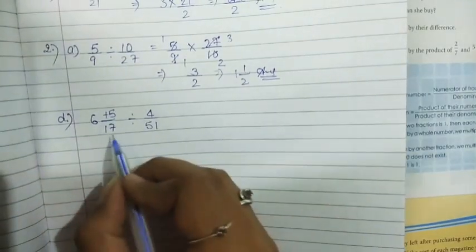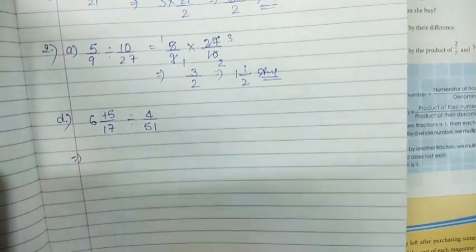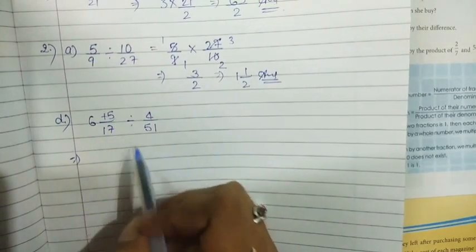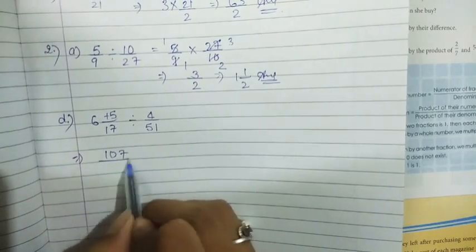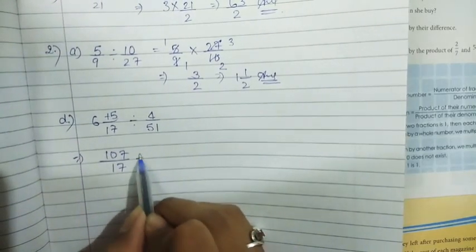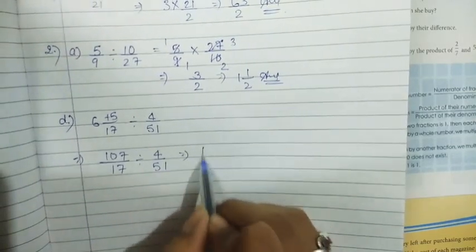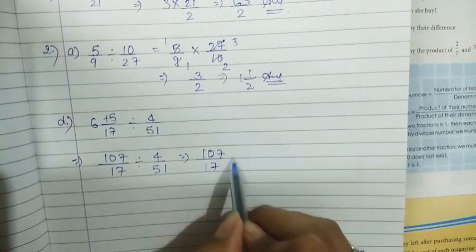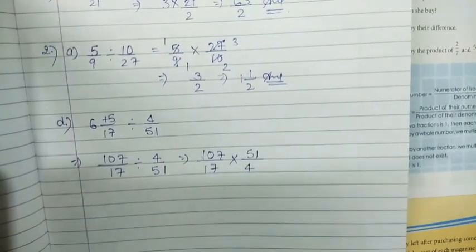So look here. First of all, convert this: 17 multiplied by 6 gives 102, and 102 plus 5 is 107, over 17. Now divided by 4/51. Convert this sign into multiplication and take the reciprocal like this.